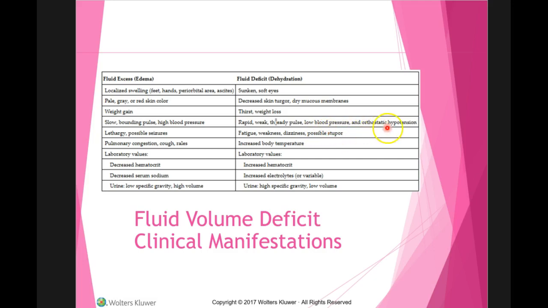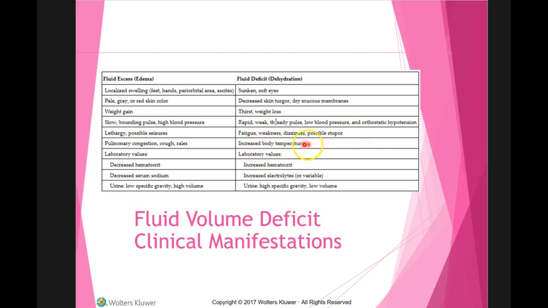Their blood pressure is more sensitive to changes in position because they have less fluid in that space. So when they stand up, they don't have as much blood to pump to their brain, so they get dizzy, if that makes sense. Fatigue, weakness, dizziness, possible stupor, depending on the severity of dehydration.